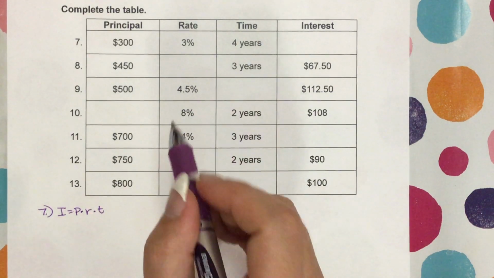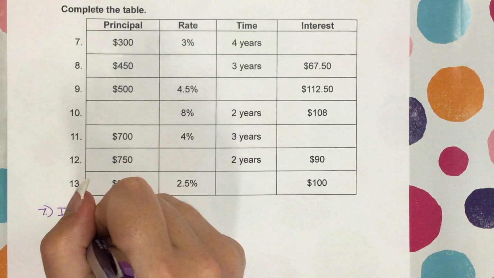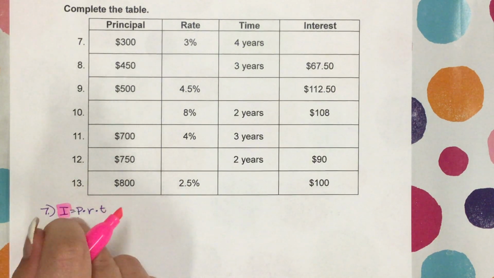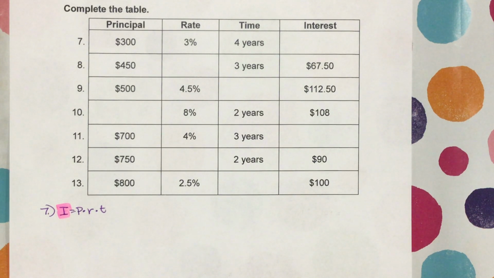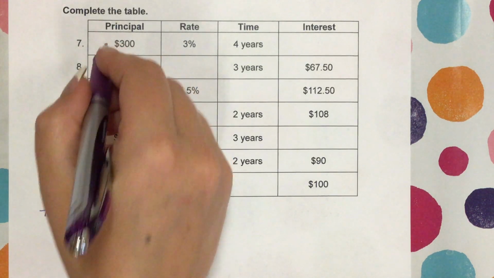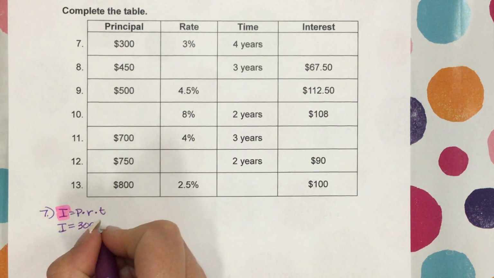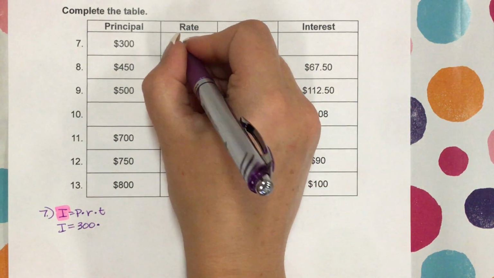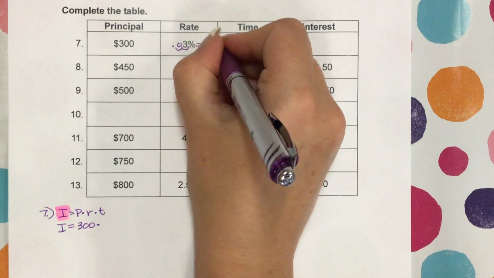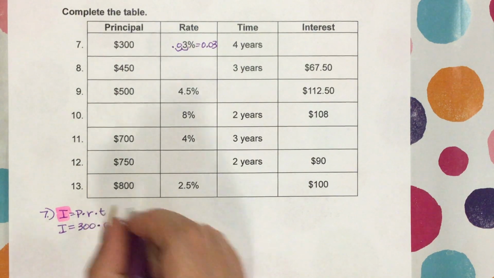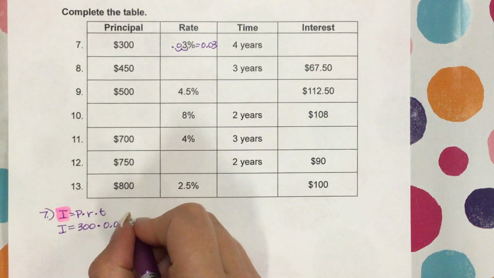So for problem 7, we know that the principal is $300. We're trying to find the interest earned, okay? So the interest earned is what we're trying to determine. We have all of the other values. So I'm just going to substitute those in. So the interest earned equals the principal, which is $300, multiplied by the rate, which needs to be turned into a decimal. I move it over 2 places. So that equals 0.03, multiplied by the time, which is 4 years.